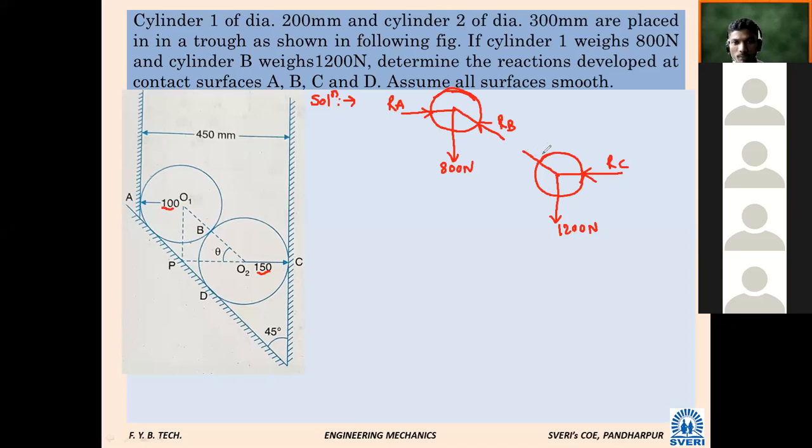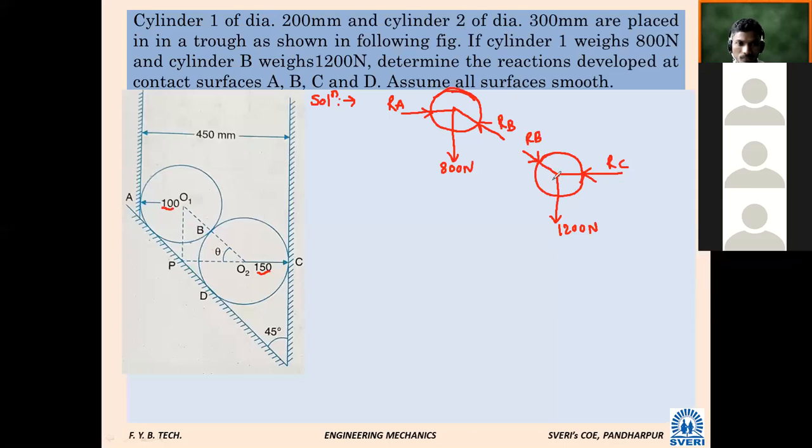Downward, RB. Is anything remaining for cylinder 2? Reaction D is remaining. It will be something like this, RD.